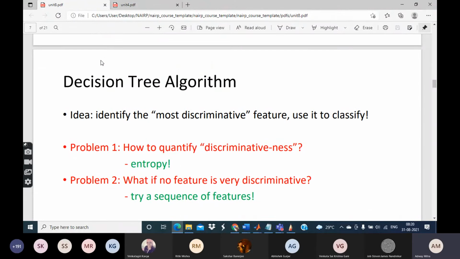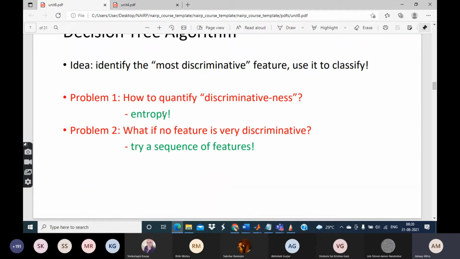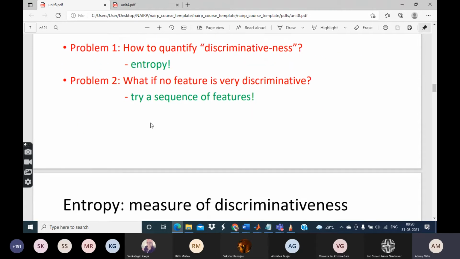Okay? So what does entropy do? Entropy tries to quantify the discriminativeness of a particular feature. As we said yesterday, we are looking for discriminative features. So how do I measure which feature is more discriminating and which is not? The answer is this quantity called entropy, which we will study now.